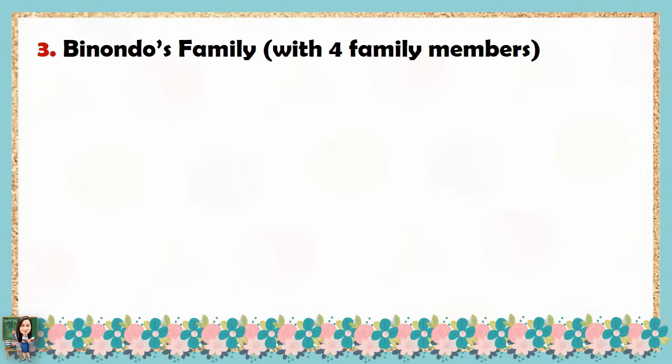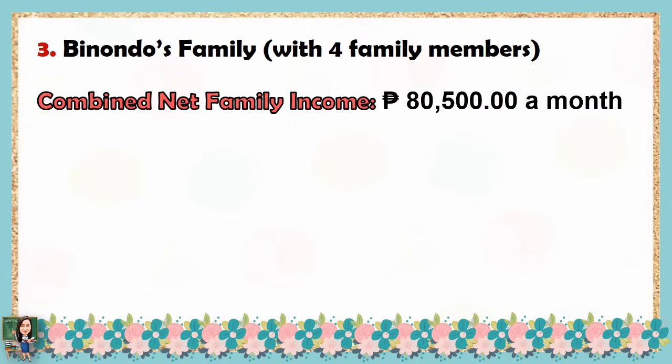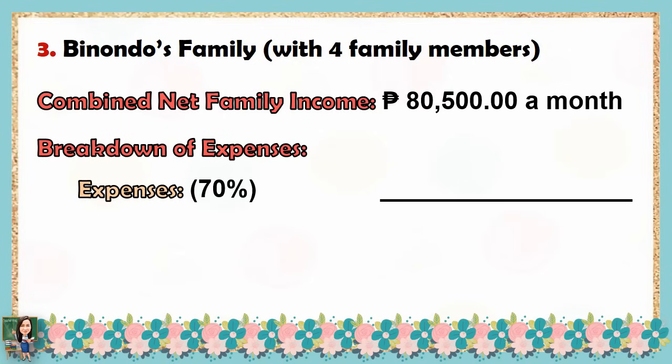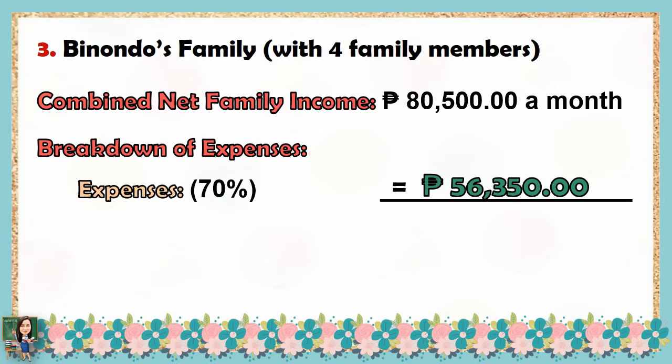And for number 3, Binondo's family with 4 family members. The combined net family income is 80,500 pesos a month. Breakdown of expenses. Expenses, 70%. 70% of 80,500 pesos is 56,350 pesos. This is for their expenses.